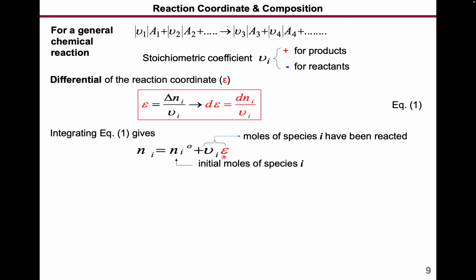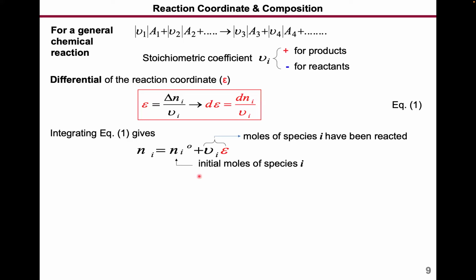So if it's a reactant, Vi is negative, epsilon is positive, so you know your total moles of the i species inside the system is decreasing. But if you are talking about a product, initial maybe 0, but epsilon is positive, Vi is positive. So with increasing reaction coordinate, your number of moles of your product is going to be increasing.